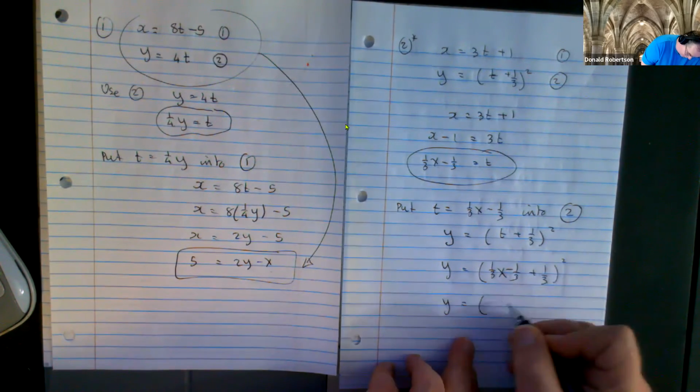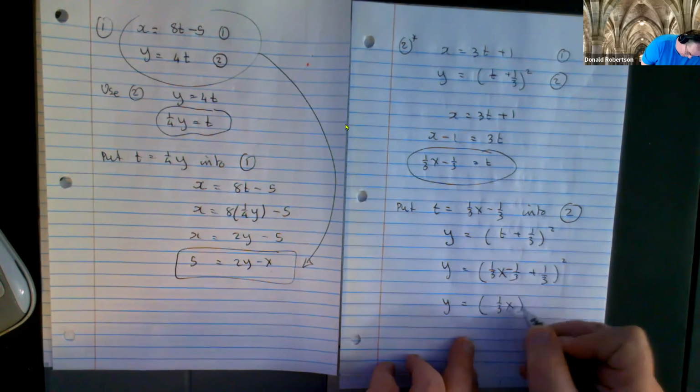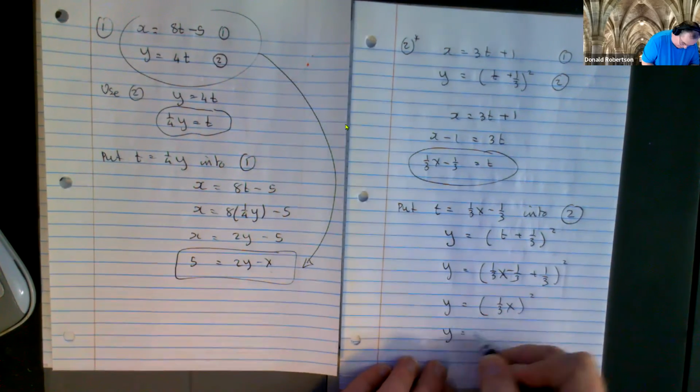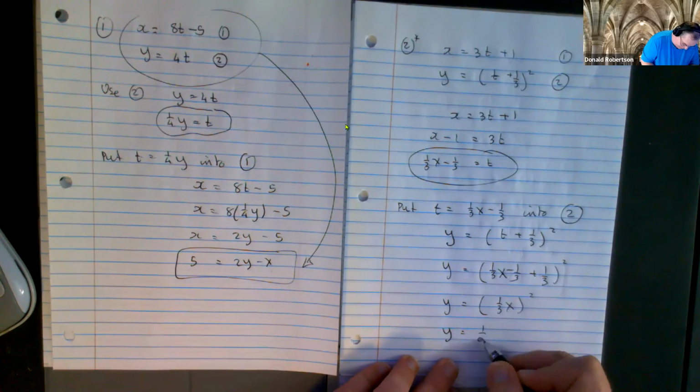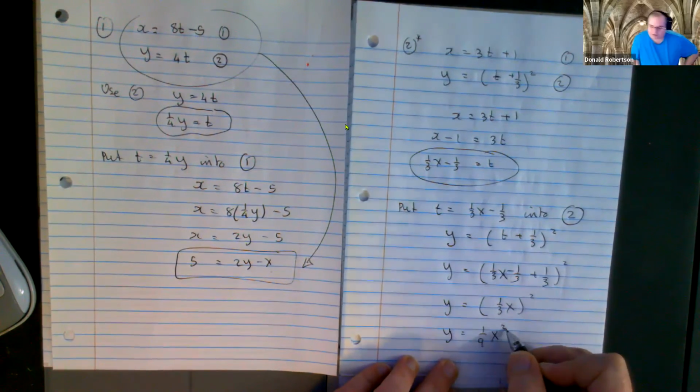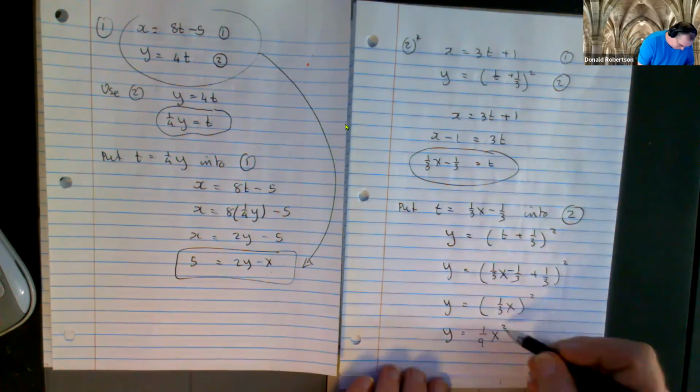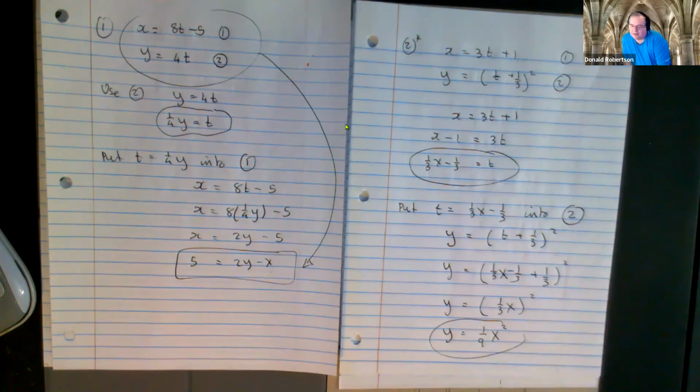Oh, that cancels. And 1/3 x times itself is 1/9 x squared. And we are finished. Do you like the looks of that? Looks quite nice.